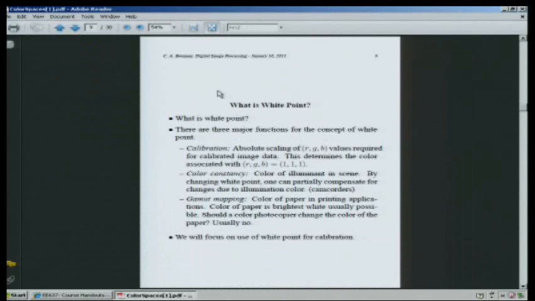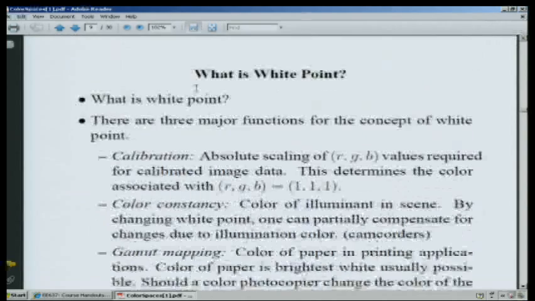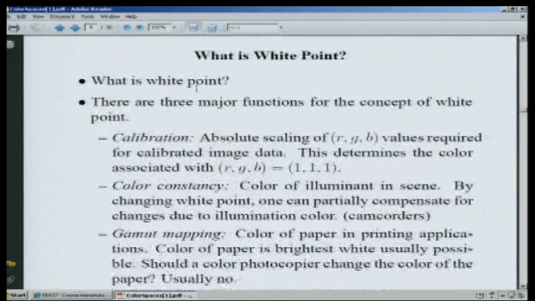Okay, white point. Now, this is a very tricky issue. So, what is white point? Well, white point is a tricky thing to describe because I'm going to start off by giving you a sort of a philosophical definition, and then I'll talk about it in a more precise sense.